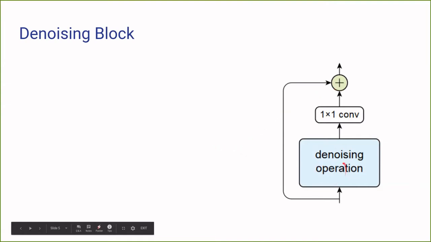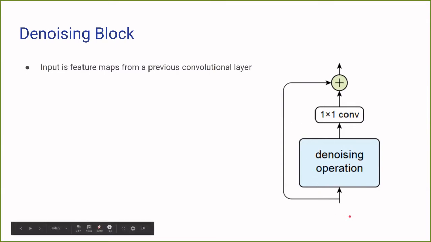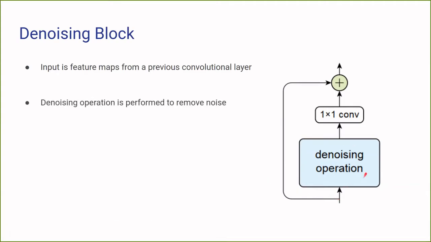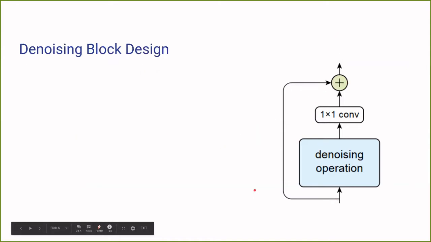The input is a feature map from a previous convolutional layer. Then a denoising operation is performed, and we'll discuss several operations that they test. Then the one-by-one convolution is used to normalize the feature map. And then the denoised feature map is combined with the original feature map.